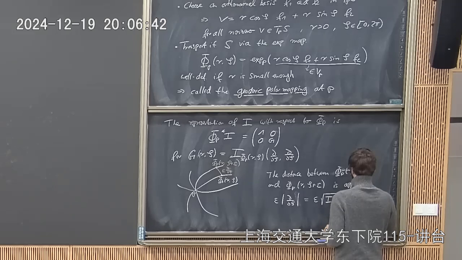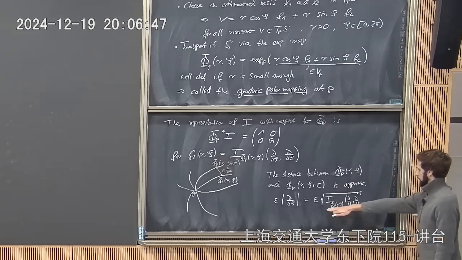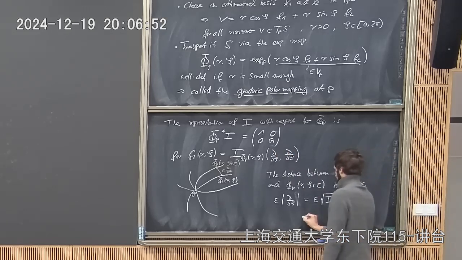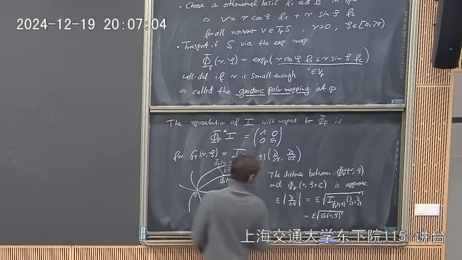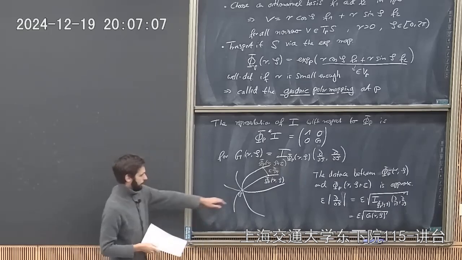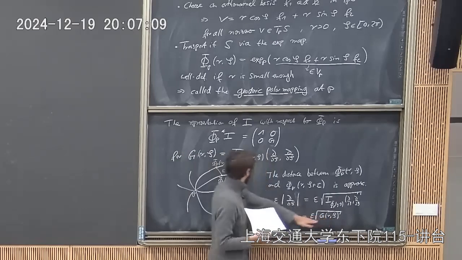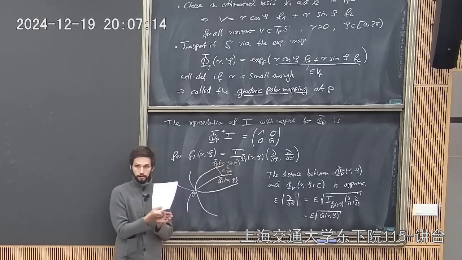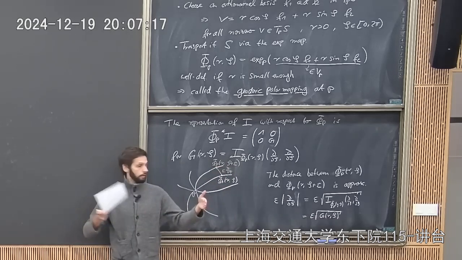And that one was just by definition g, so that's epsilon times the square root of g at r of phi. So that means that the square root of g gives you a measure for how quickly these geodesics spread out.